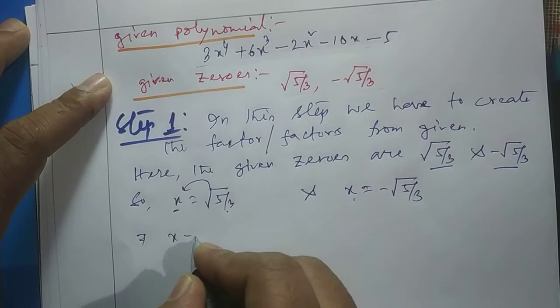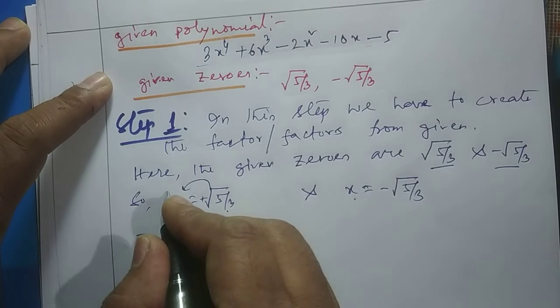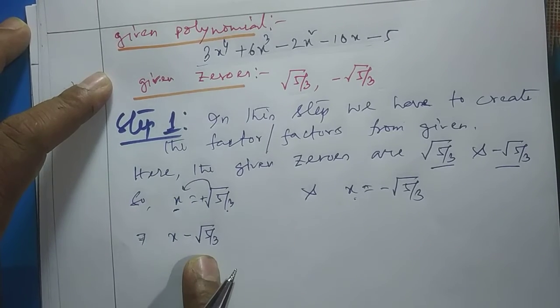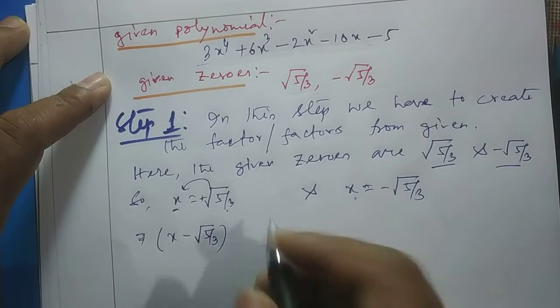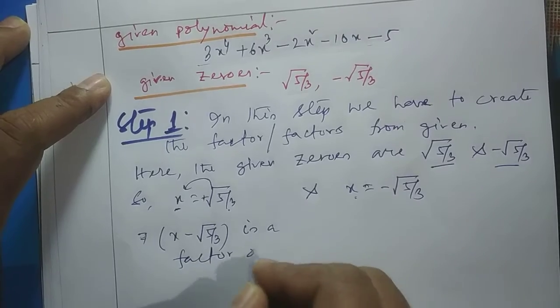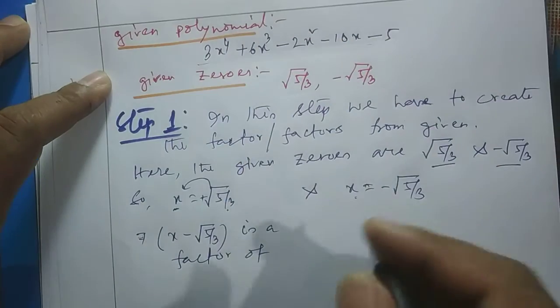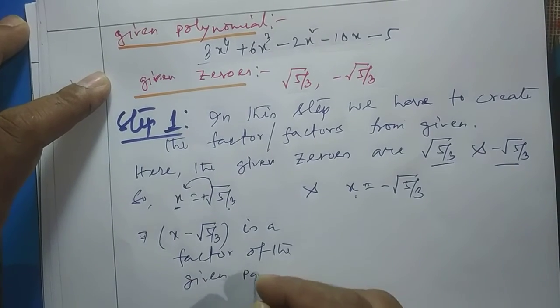It will become x minus root over 5 by 3, because it is plus, so when it comes to the left hand side, it will become minus. So we can say here x minus root over 5 by 3 is a factor of the given polynomial, correct?